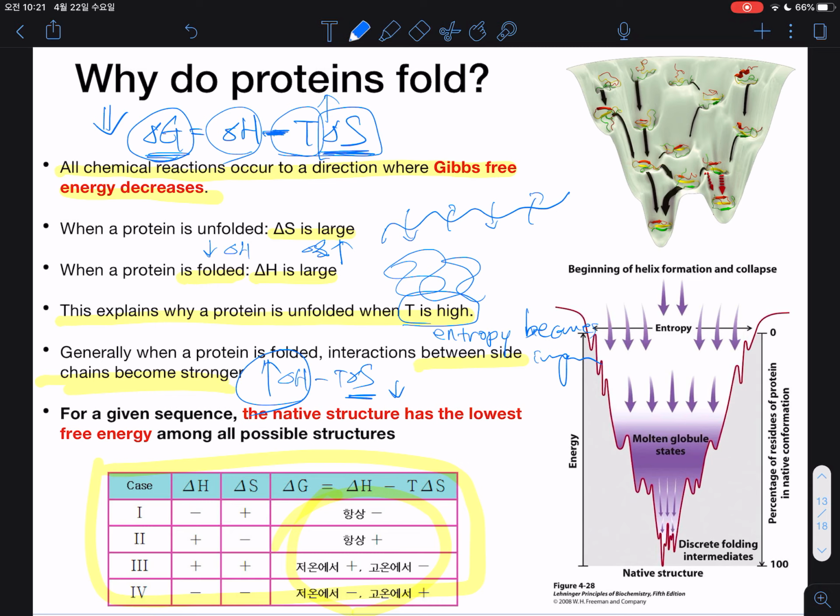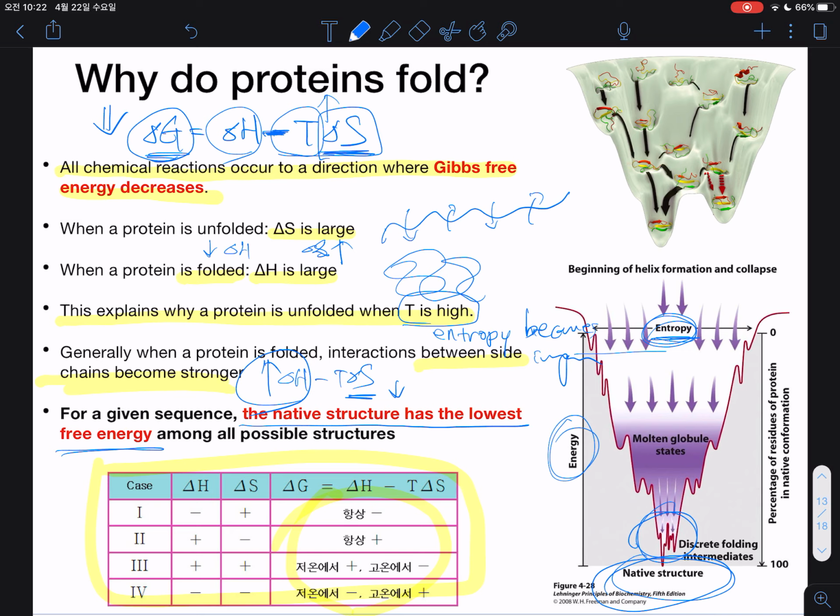In terms of chemical reactions, and also from the perspective of Gibbs free energy, the native structure of a protein corresponds to the lowest Gibbs free energy structure among all possible structures. So if you draw it like this, the native structure has very low energy, but also has a very low entropy.